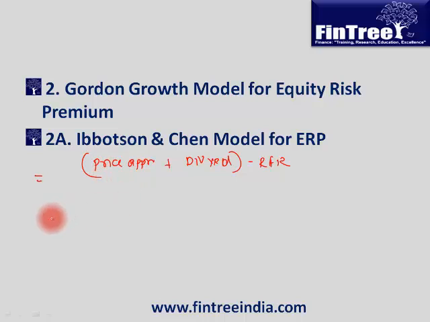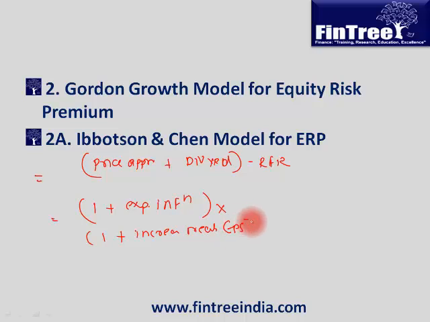So how we can expand this is, we can say 1 plus expected inflation into 1 plus expected growth in real EPS into 1 plus expected growth in price earning ratio.